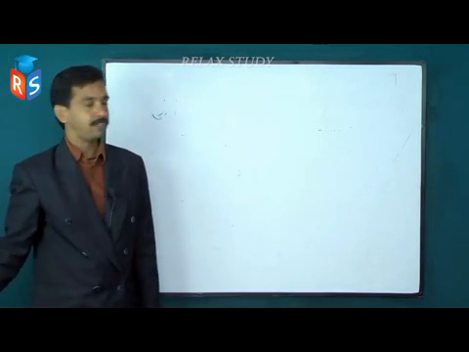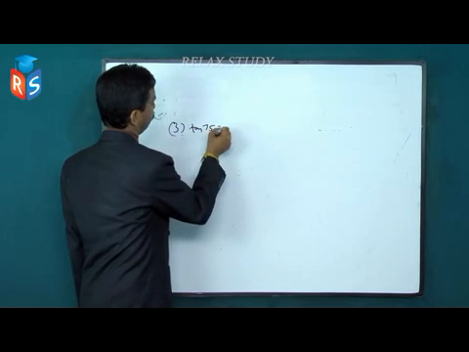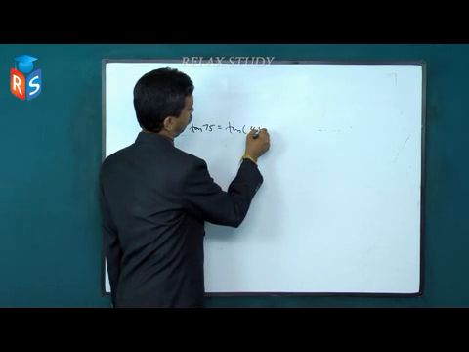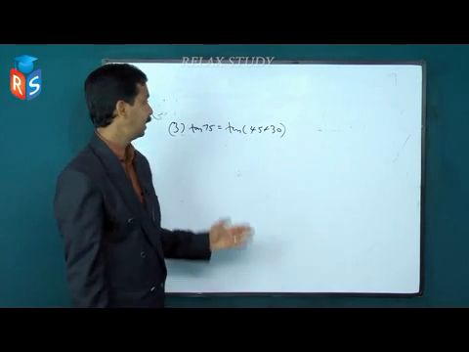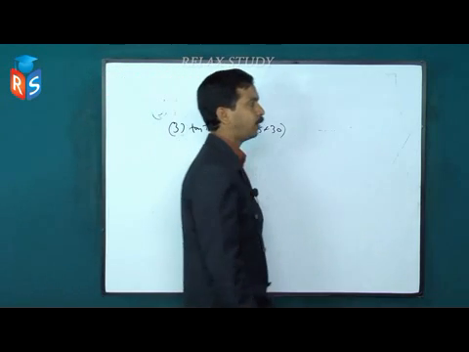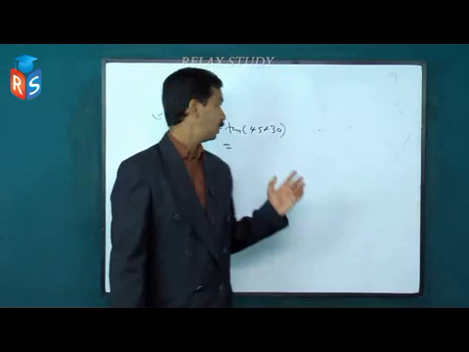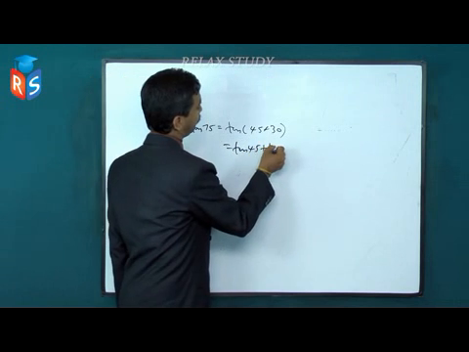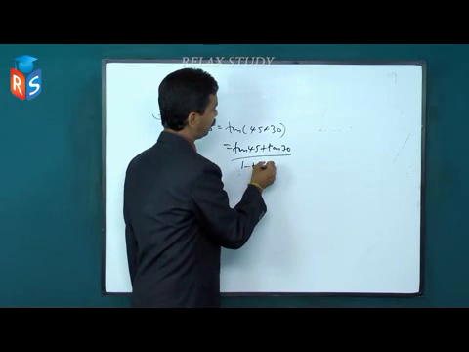One more is there, tan 75. Tan 75 equals tan of 45 plus 30. Here also using the formula tan of A plus B. We have studied tan of A plus B equals tan A plus tan B by 1 minus tan A tan B. So tan of 45 plus 30 equals tan 45 plus tan 30 divided by 1 minus tan 45 tan 30.